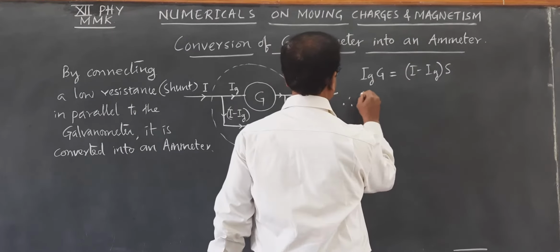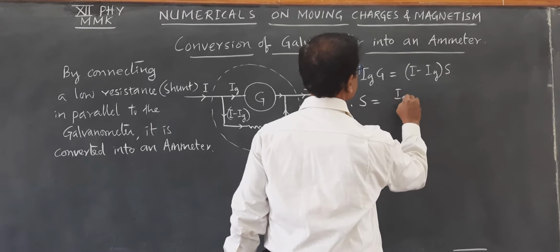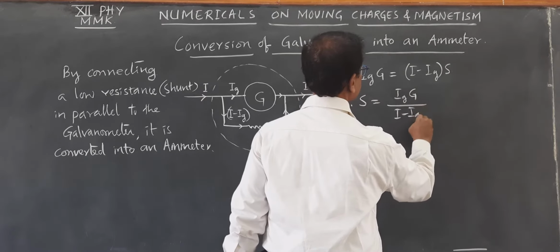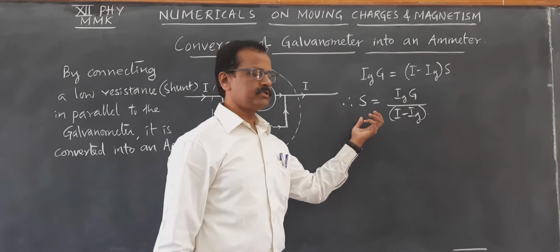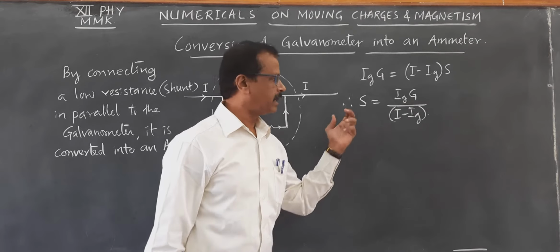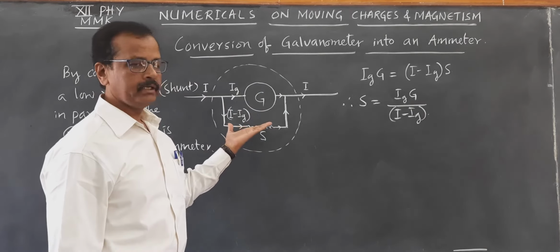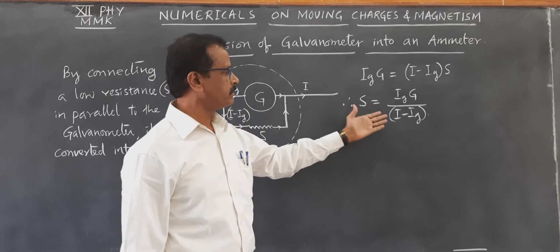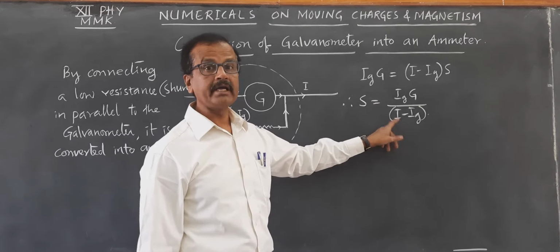Therefore, S becomes equal to IgG divided by I minus Ig. So by suitable choice of a particular low resistance and connecting it parallel to the galvanometer, one can convert a galvanometer into an ammeter of required range which can read from 0 to I.